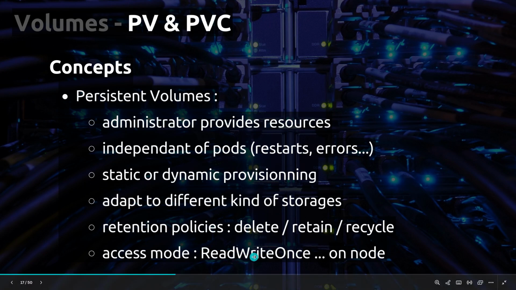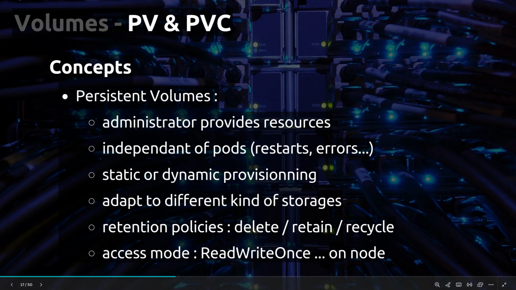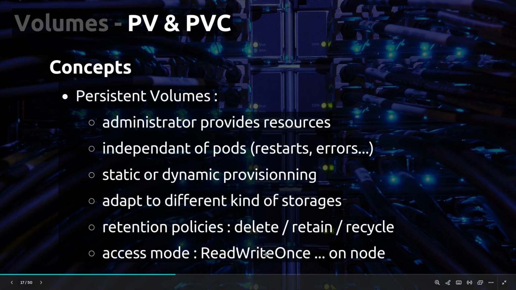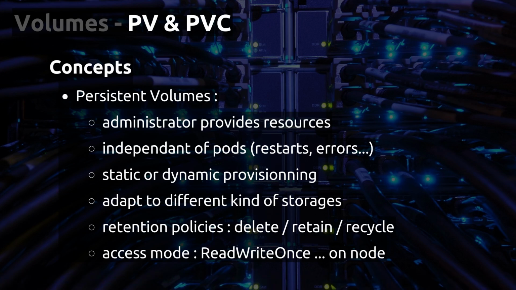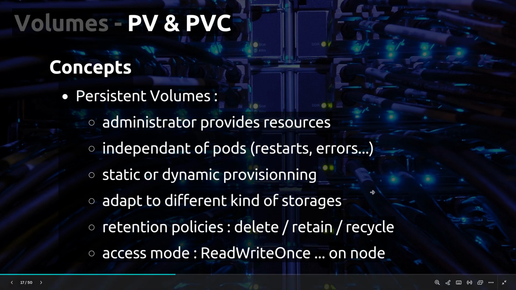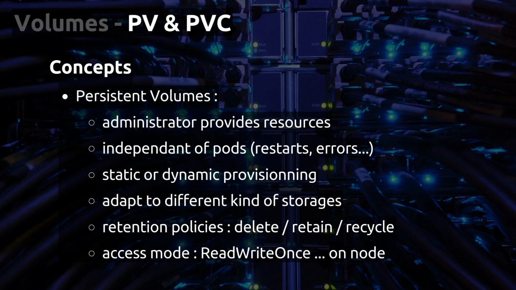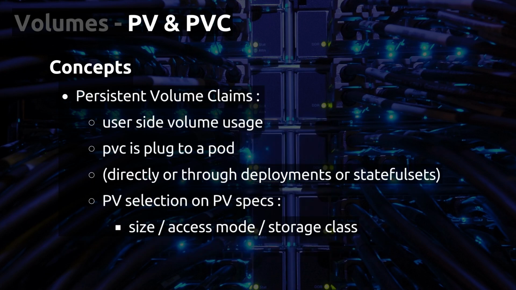That means if the administrator, not only you, but the administrator sets the persistent volume to read-write once, that means that this volume can be mounted only one time on a single node, not on many pods, but on a single node. You have, of course, the read-write many, so you can mount multiple times the same volume on one node, for example, a worker node inside the Kubernetes cluster.